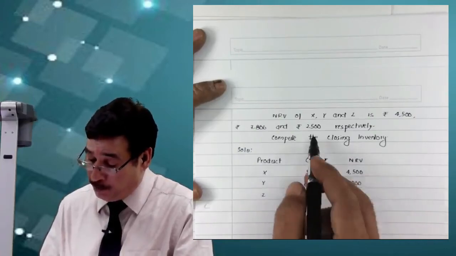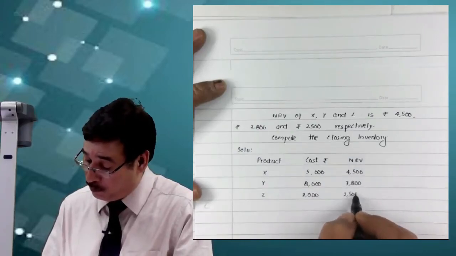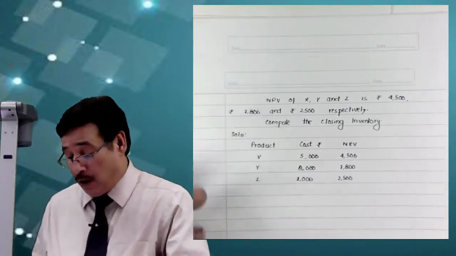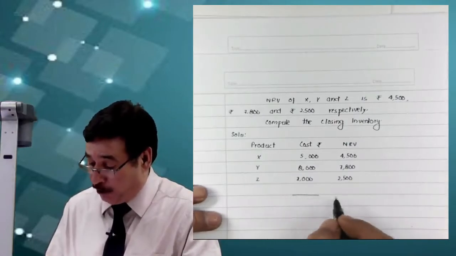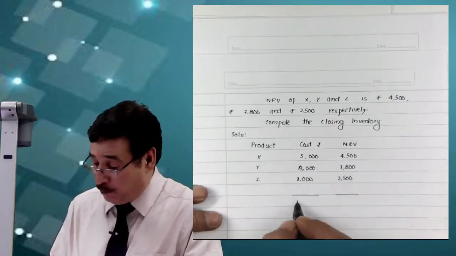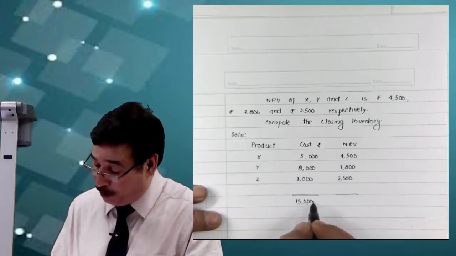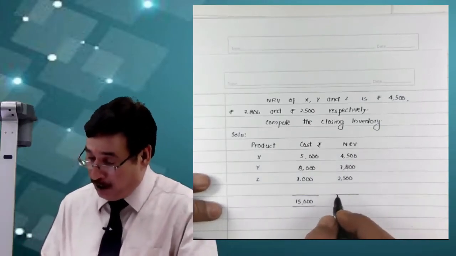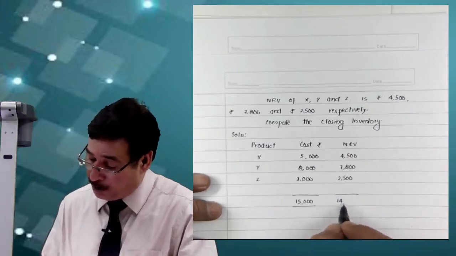And we have been given 2,500. Point here is that we might attempt to compute closing inventory this way. Suppose if I add, then the total cost will become 15,000 of the remaining inventory of these 3 products, and total NRV if I compute, it will be equal to 14,800, correct?